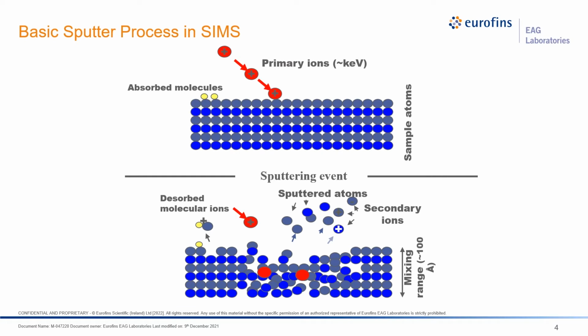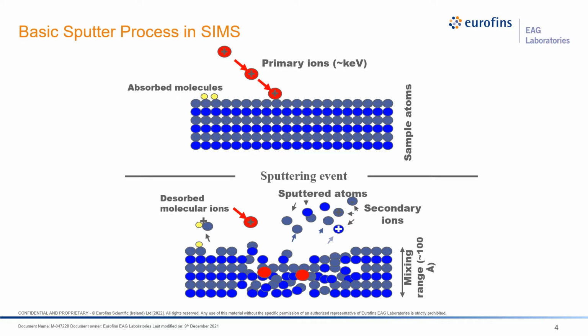So let's look at, in an atomistic schematic, what happens in a sputter process in secondary ion mass spectrometry. You have a primary ion beam hitting a crystalline structure made up of monolayers of atoms, and this momentum transfer mixes the atoms in the material of interest to a certain mixing depth, and this mixing depth is directly proportional to the momentum or the kinetic energy of the incident ion.